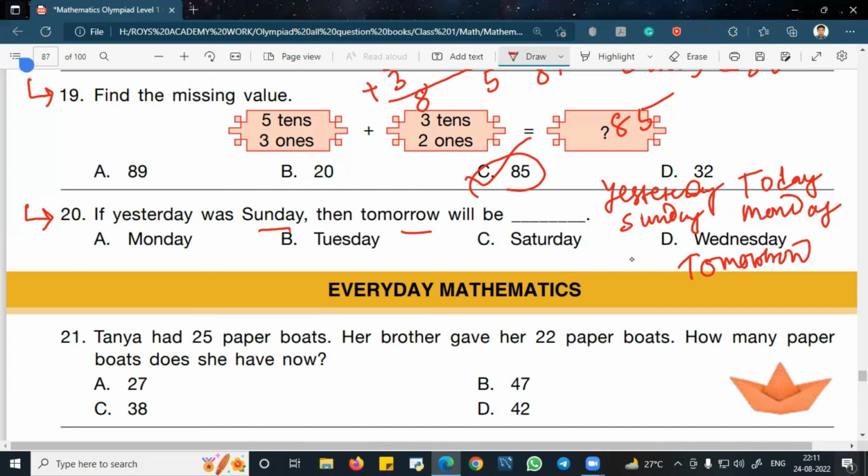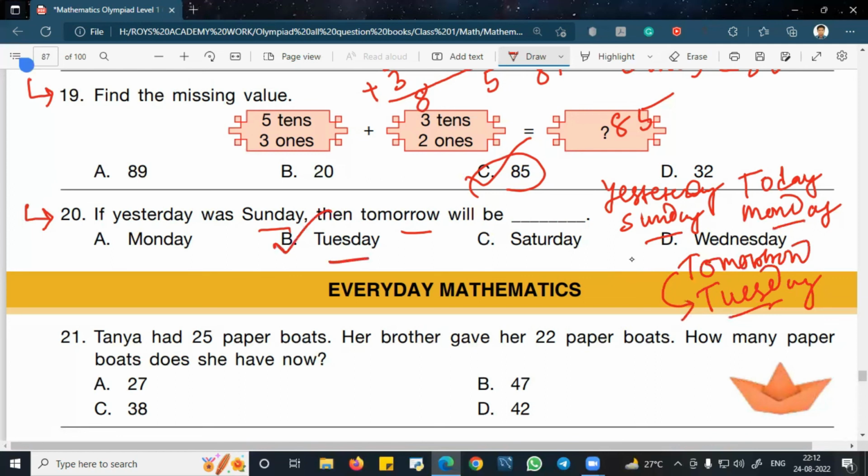So you have to tell that tomorrow will be Tuesday. Okay, guys, this is the answer here. If we count Sunday, then Monday, and then Tuesday, Tuesday is tomorrow. So that's why Tuesday, option B, is the right answer for that question.